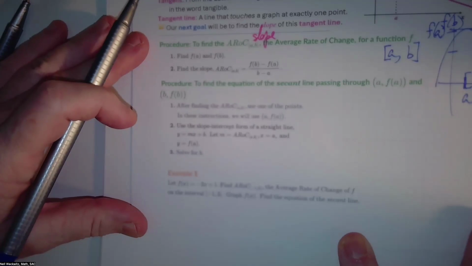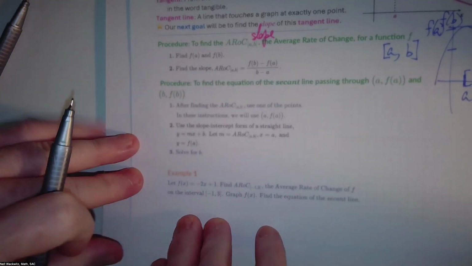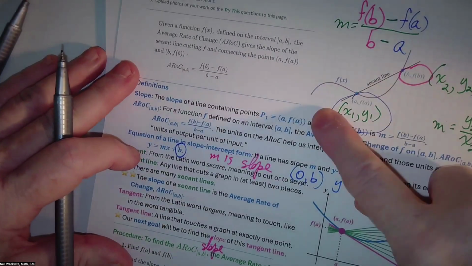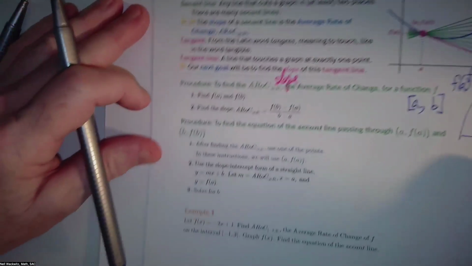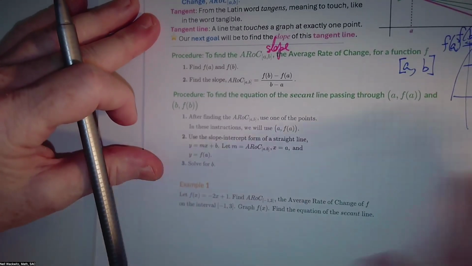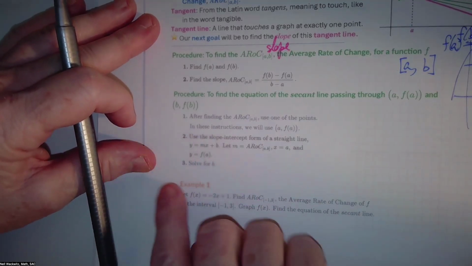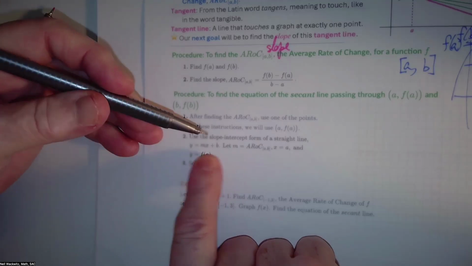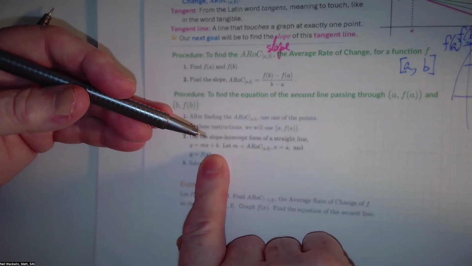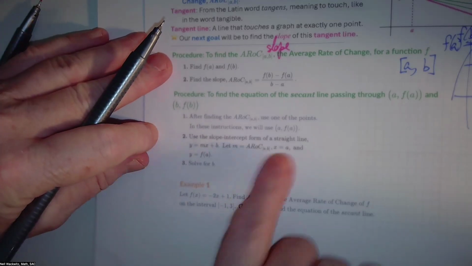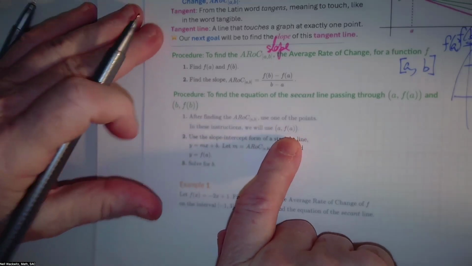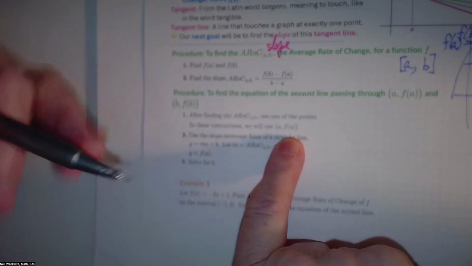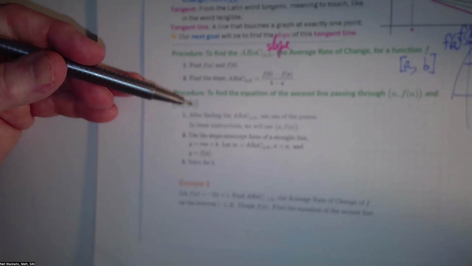And then the steps for finding the equation of the secant line, the equation of this line. So here's the line. We want to find its equation. We're going to use slope-intercept form, which is y equals mx plus b, where m is the slope and 0 comma b is the y-intercept. We're going to use x and y from one of our points. In these directions, I'm using a comma f of a. I could also use b comma f of b.